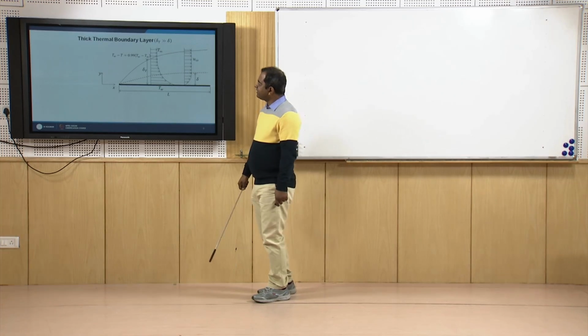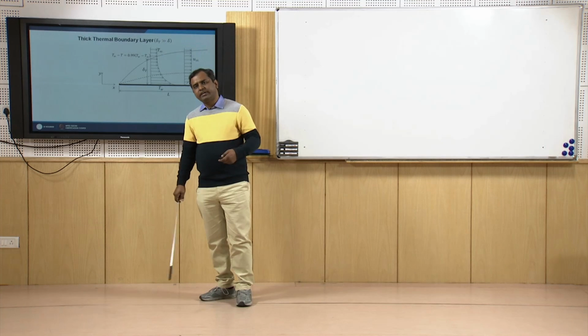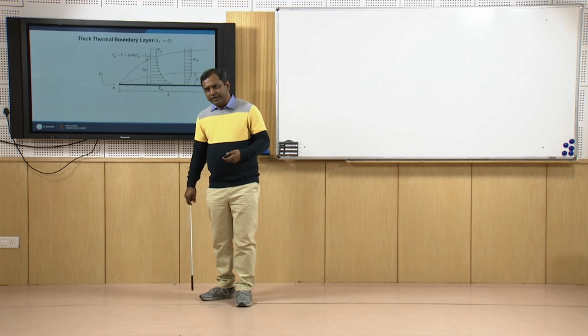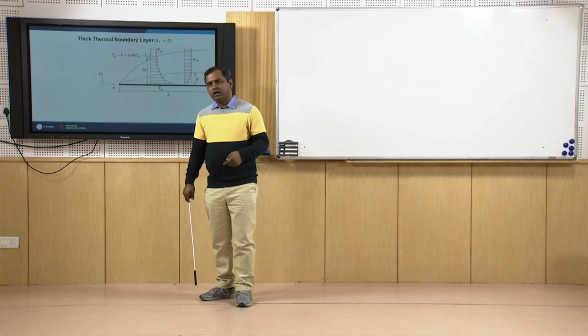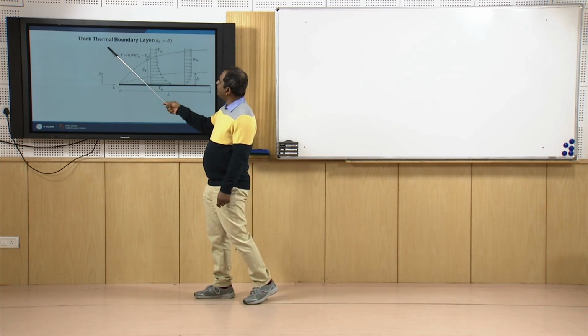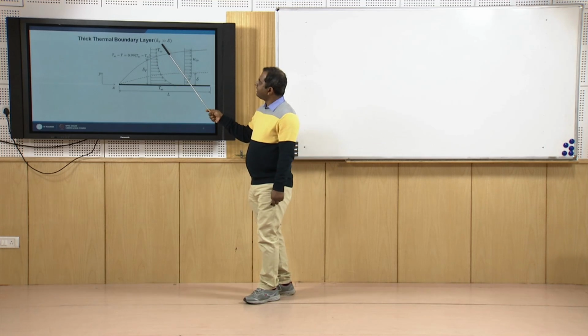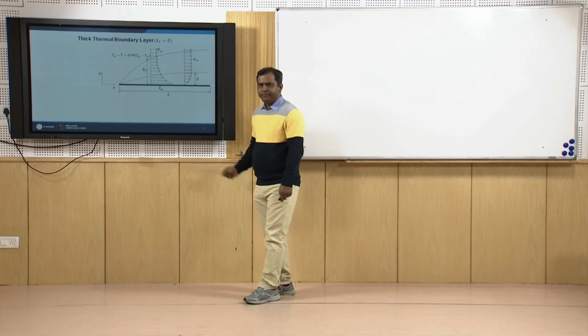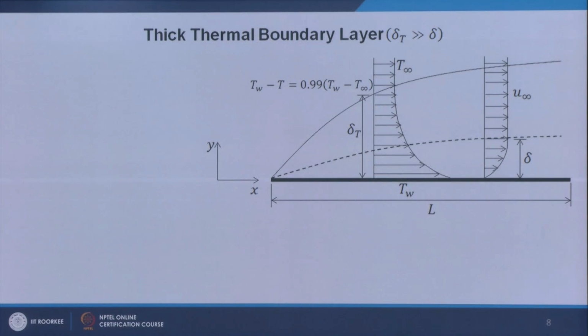Now let us see what happens for two different cases: where the thermal boundary layer dominates, and where the velocity boundary layer dominates. First we will see the thick thermal boundary layer case, where delta T is much higher than delta. A schematic representation is shown over here. This is our velocity boundary layer, where the velocity of the fluid stream becomes almost 99% of the free stream velocity.